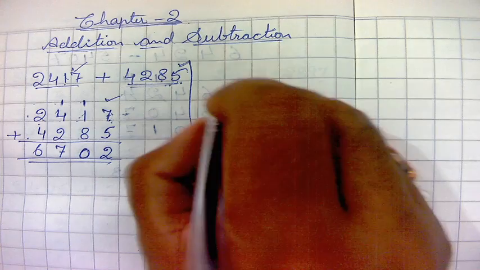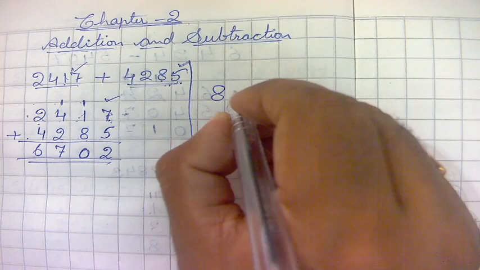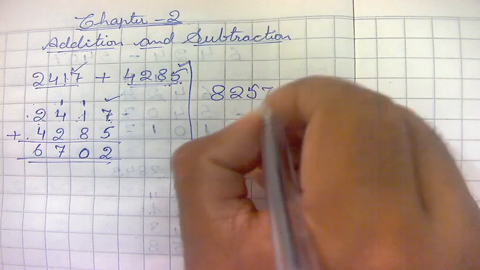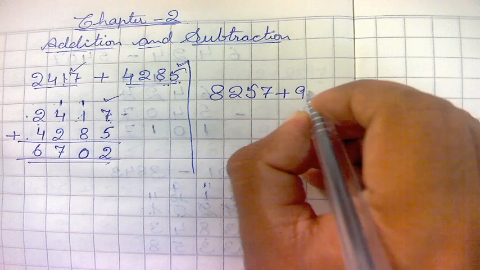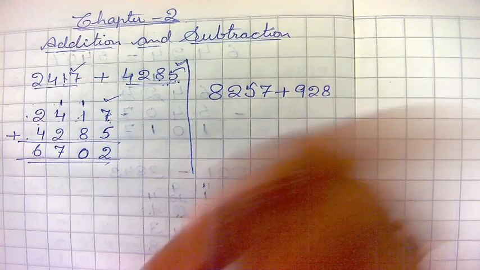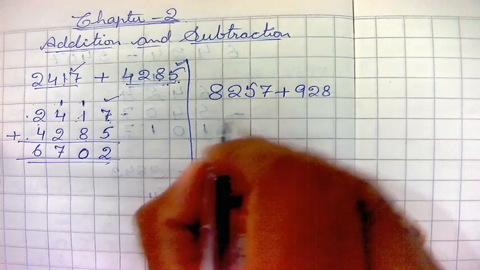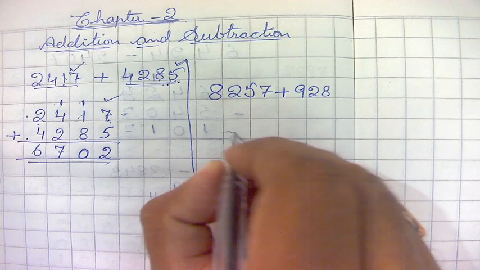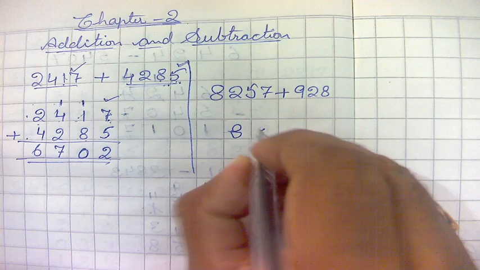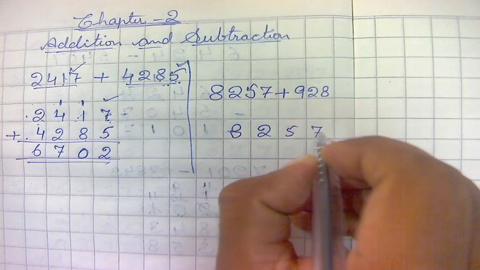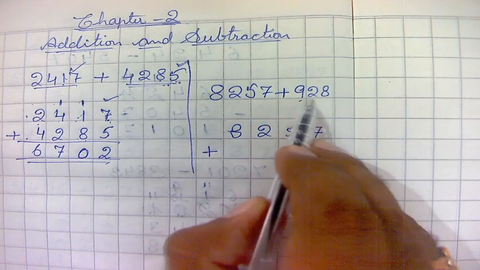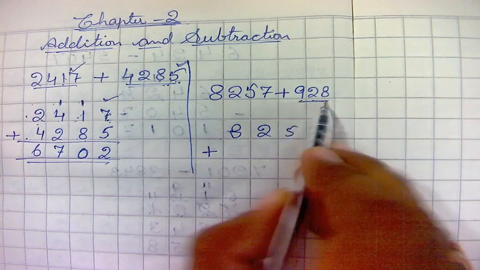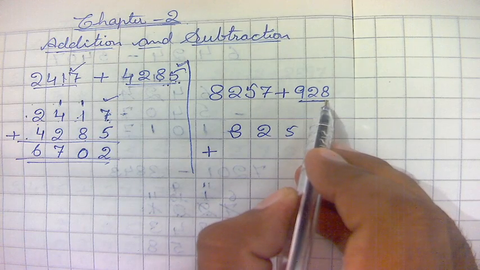For example, now if we take another example, say 8257 and you have to add only 928. Now here what you will do, you will again write it in the same way. उसी तरह से लिखेंगे, पहले first number लिखा हमने 8257 plus अब 928. Here there are only 3 digits, यहाँ सिर्फ 3 digits हैं.